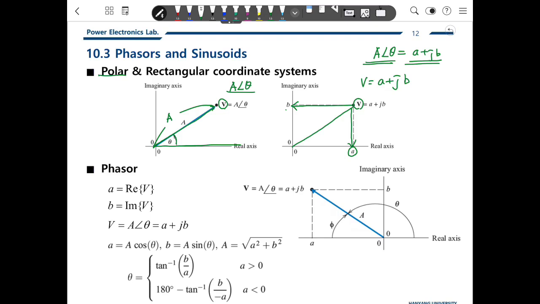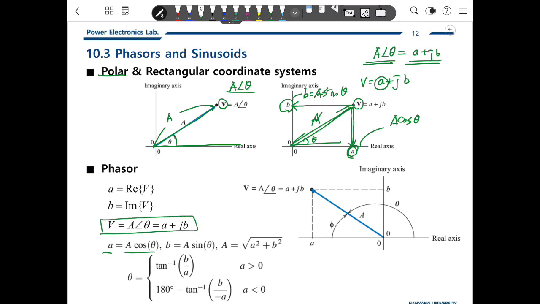So this A value is a real value here. This is the magnitude of V, A, and this is the angle theta. So the real value is A cosine theta, and the imaginary value B is A sine theta. That is the same expression over here.